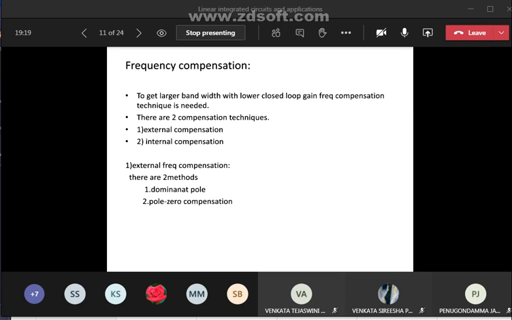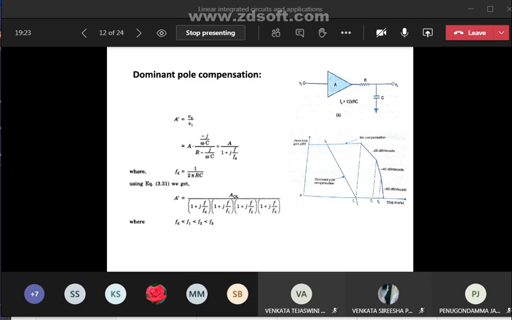With 3 break frequencies we are getting additional phase shift. Due to this, the op amp may behave oscillatory, so the circuit becomes unstable.